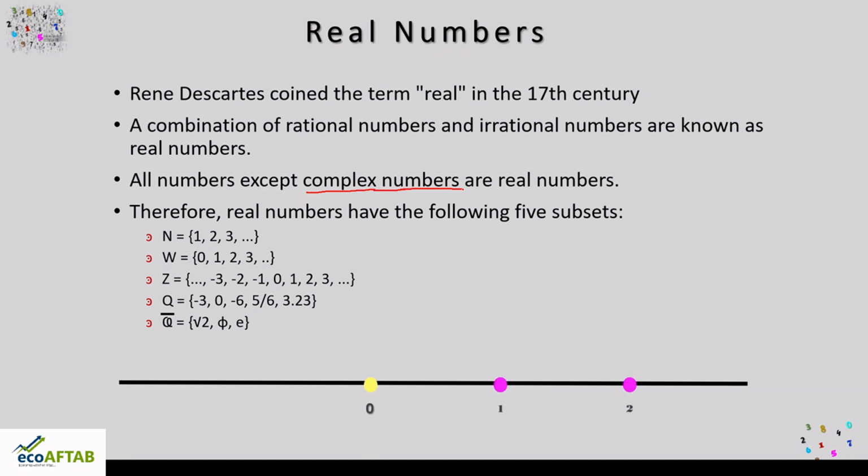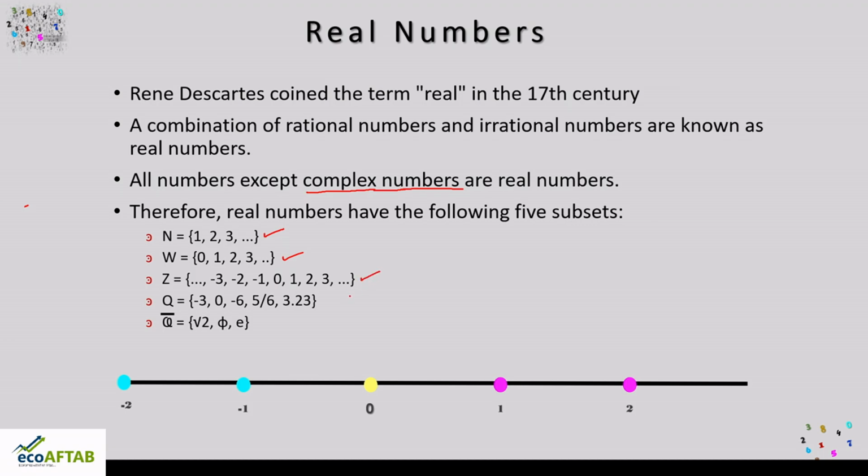0, positive integers, negative integers. So you can see pink dots 1, 2. Pink dots are natural numbers, yellow dot whole numbers. So pink dots, yellow dot and blue dots all together are integers.